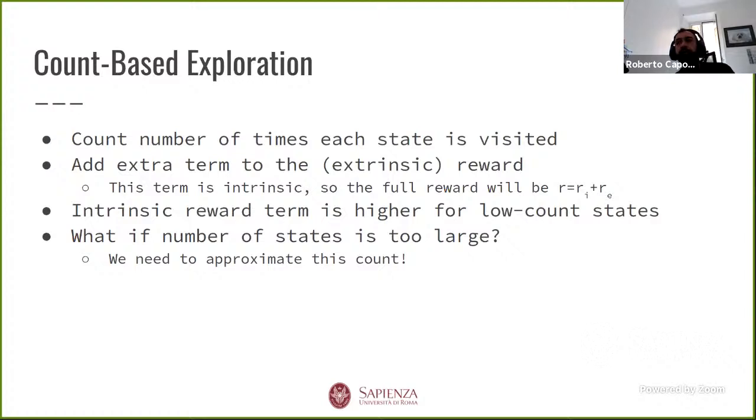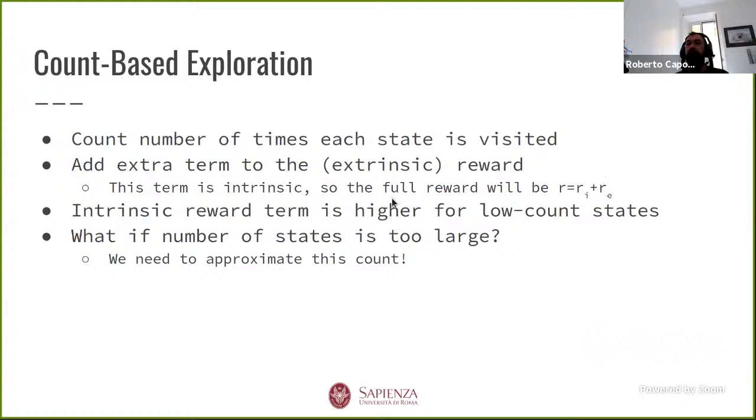So you don't have anymore only the reward coming from the environment, but there is also an intrinsic reward that the agent has internally, which is added to the reward coming from the environment. So the full reward will be now computed as the reward coming from the environment, so the extrinsic one, plus the intrinsic one.